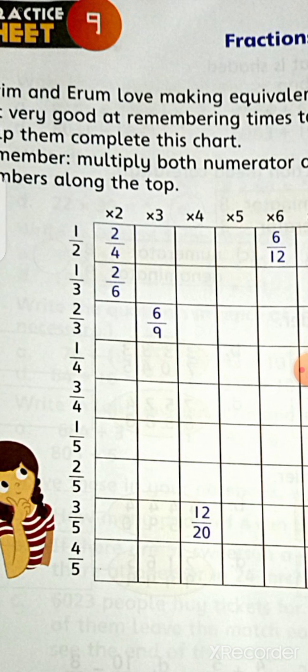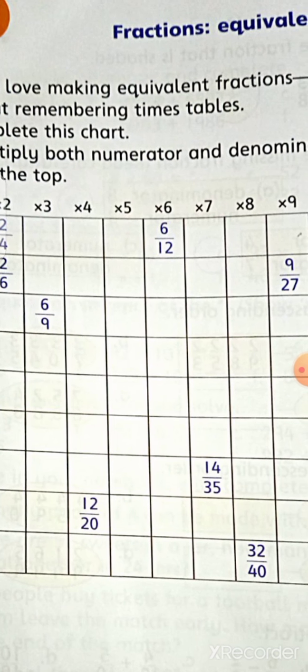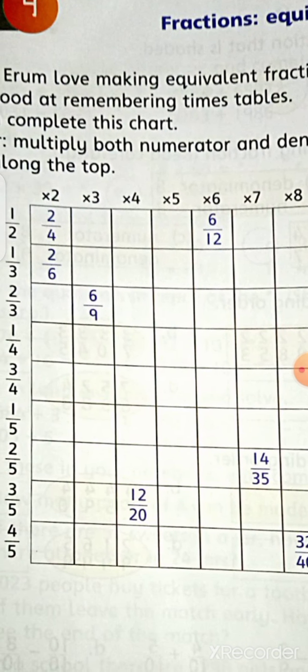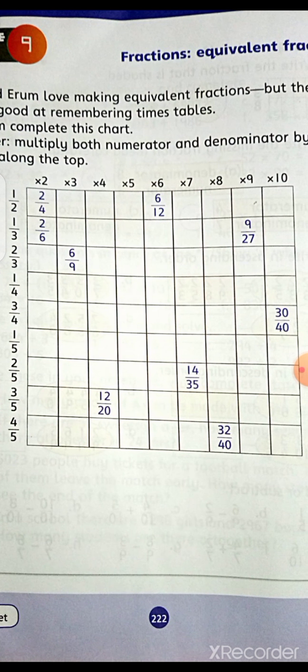No. For equivalent fraction, you have to multiply numerator and denominator by the same number. In the same way, you will multiply 1 over 2 by 7, meaning multiply numerator and denominator by 7, then 8, 9 and 10, and fill all the boxes on your book.